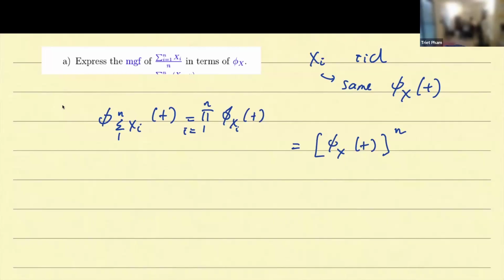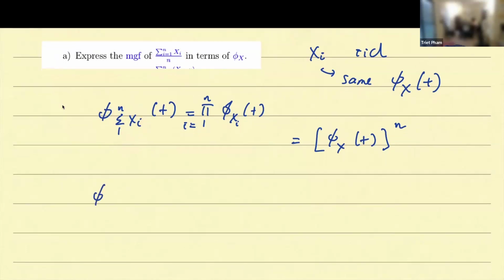All right. But now what? It's not just this, it's divided by n. So how do we handle that? Well, the division by n can actually be handled quite easily. If you have the moment generating function of this sum divided by n, evaluated at t, by definition it is the expectation of e to the t over n times the sum, correct?